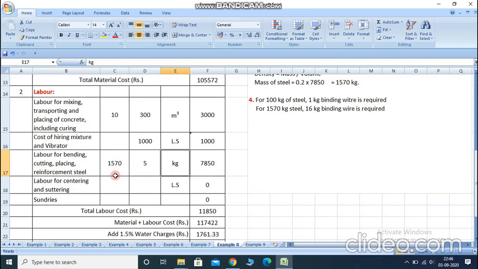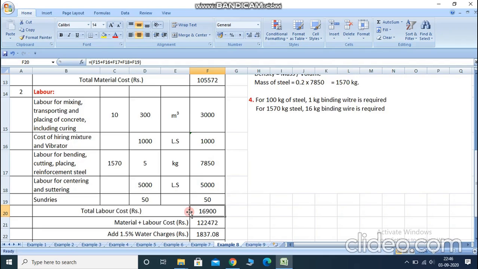For centering and shuttering, we take a lump sum amount of 5,000. Then we include 50 rupees as extra cost. So your total labor cost is 16,900 rupees.